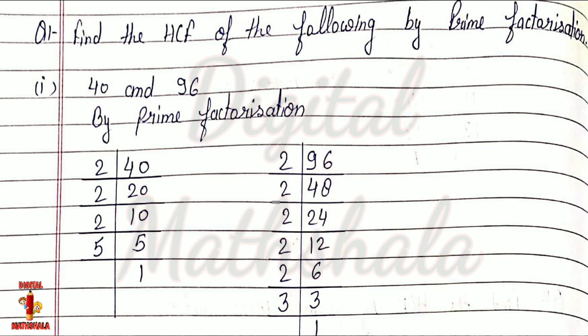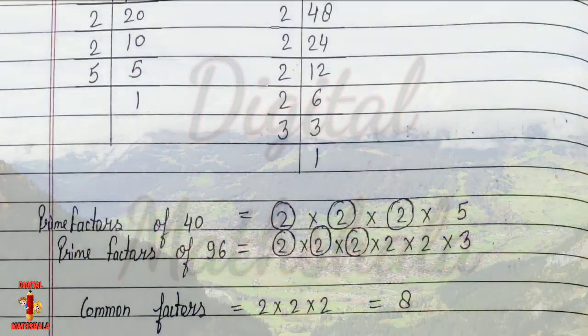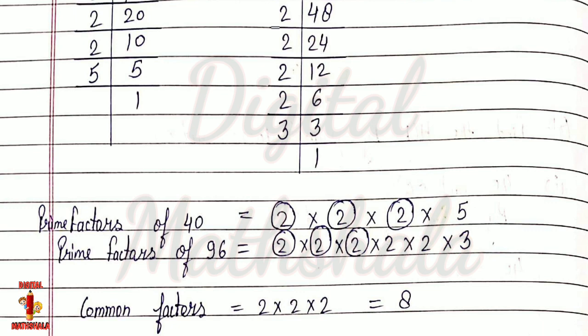So here you can see 40 and 96 are given. First we find the prime factors of 40, that are 2 multiply 2 multiply 2 multiply 5, and then find the prime factors of 96, that are 2 multiply 2 multiply 2 multiply 2 multiply 2 multiply 3.